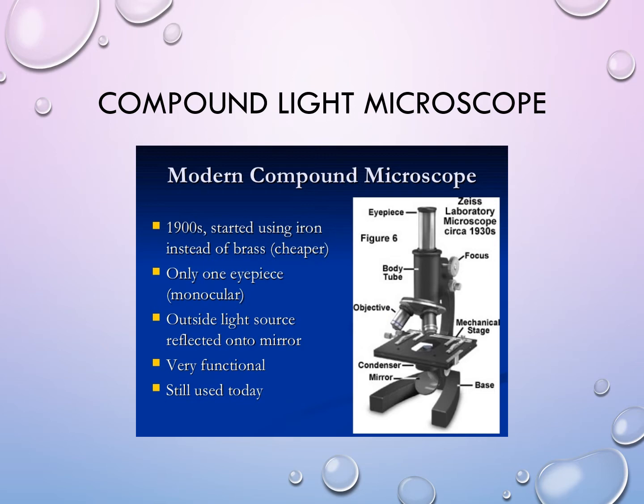And then if we want to get a little bit better magnification, then we can move to something called an oil immersion objective. With this, we have to put the organism that we're looking at in a little drop of oil so that it can be seen clearer.